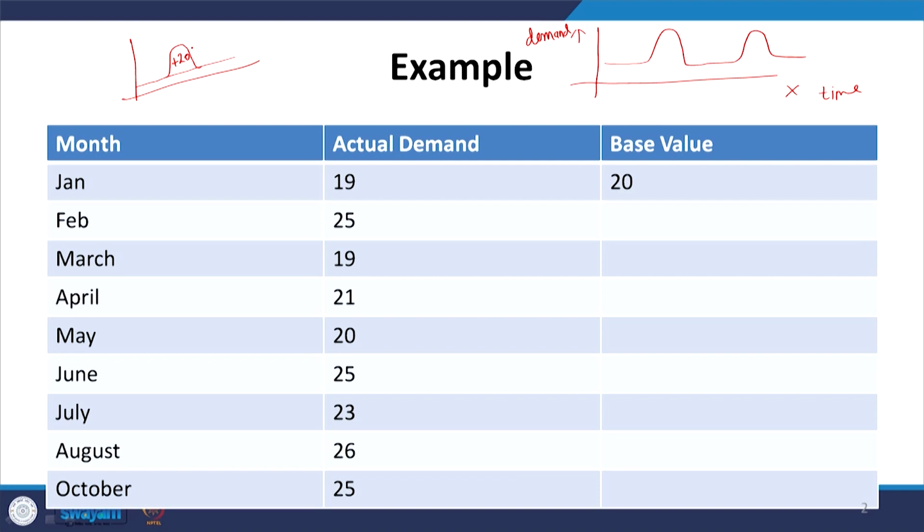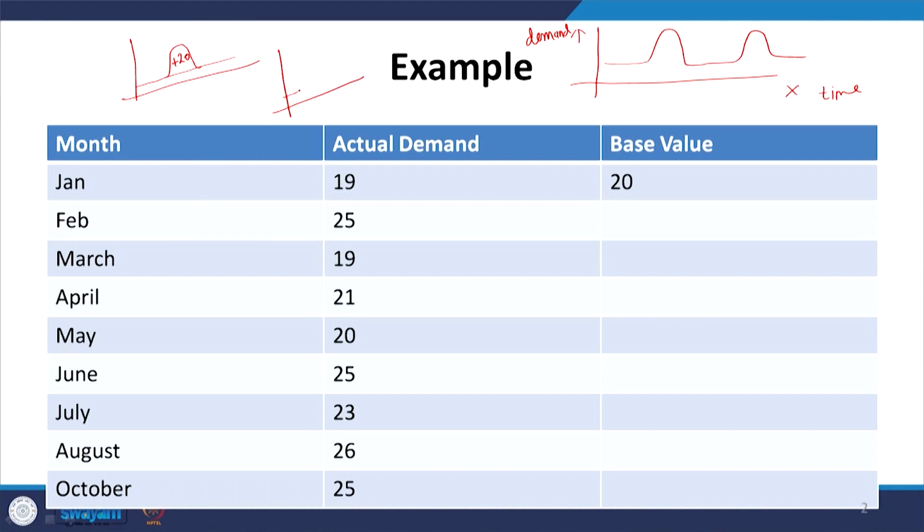Demand increases by 20 units during the season period, that is linear seasonality. But in the other case, it is also possible that this is the average and demand increases by 10% of the average value. So, this is an example of ratio seasonality, and the other is an example of linear or additive seasonality.